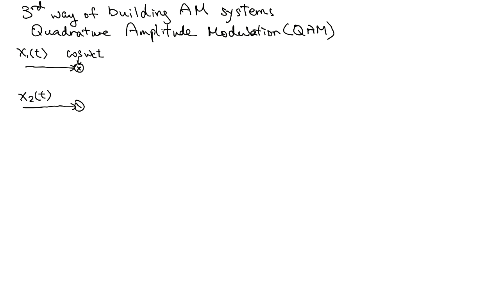Now let me propose to you that we can actually do this. This time it is the same carrier frequency, the same omega c, but one is cosine, one is sine.